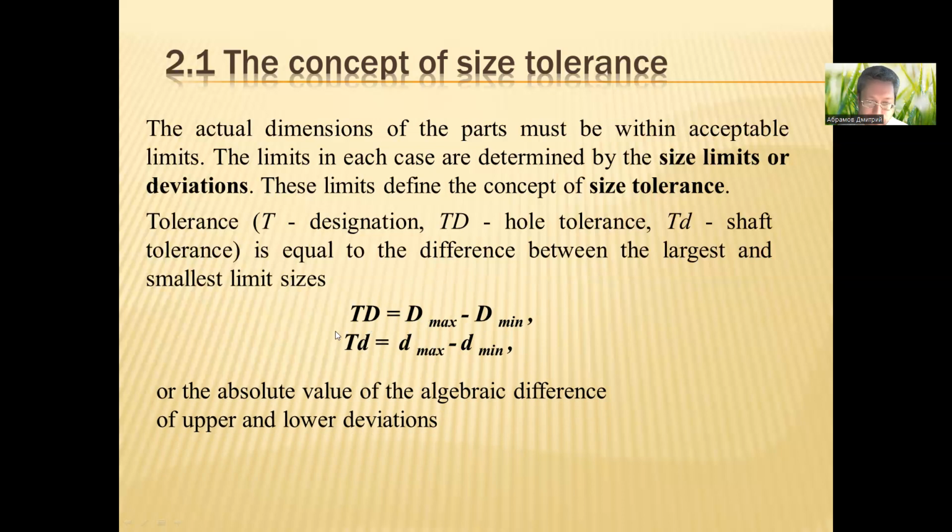Or the absolute value of the algebraic difference of upper and lower deviations. The tolerance field of the hole is equal to the upper limit deviation of the hole minus the lower limit deviation of the hole, and the tolerance field of the shaft is equal to the upper limit deviation of the shaft minus the lower limit deviation of the shaft.